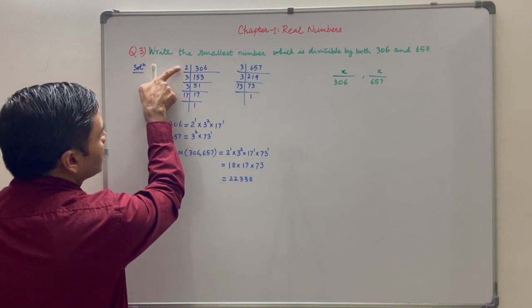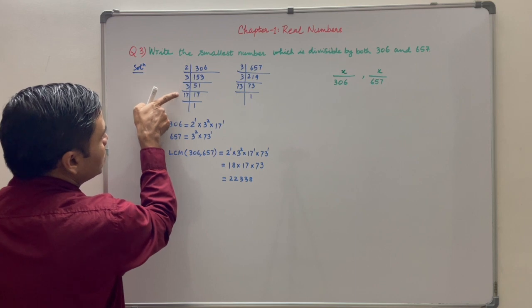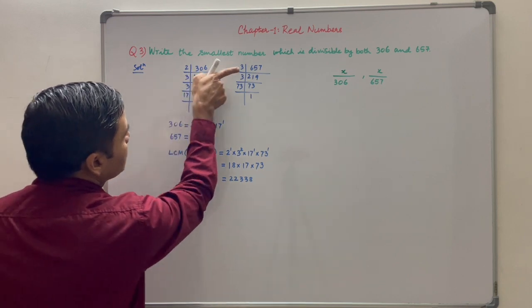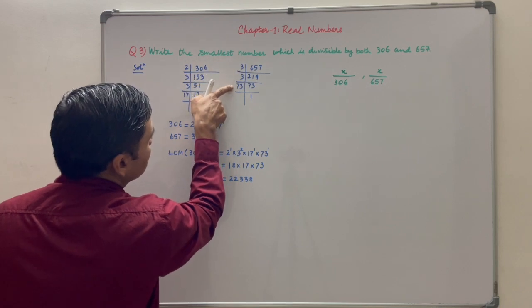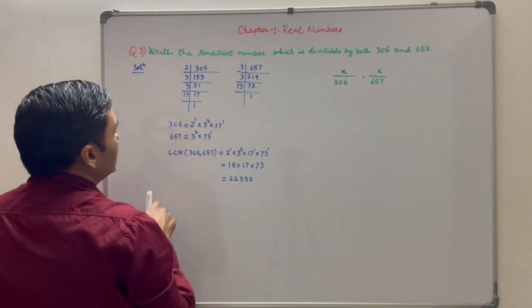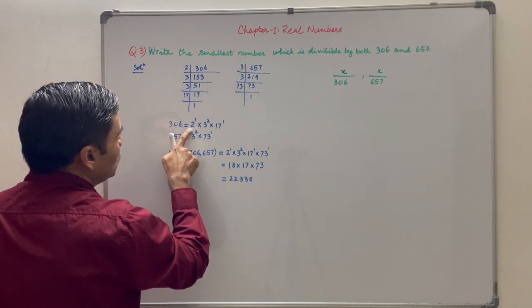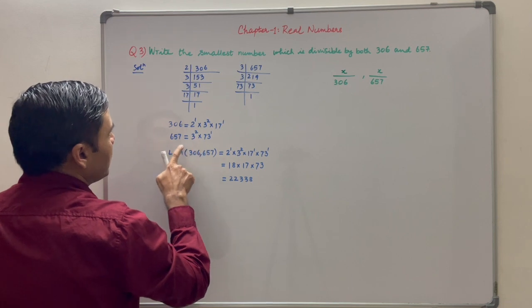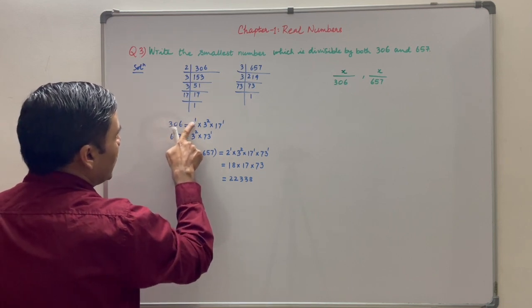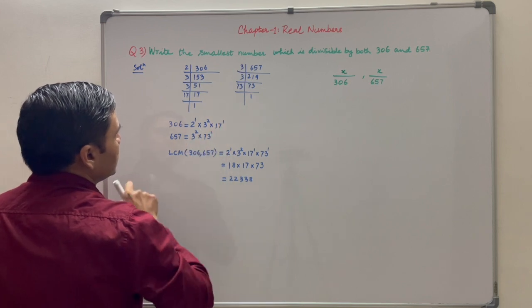306 can be written as 2 to the power 1 into 3 to the power 2 into 17 to the power 1, and 657 can be written as 3 to the power 2 into 73 to the power 1. The prime factors involved in these two numbers are 2, 3, 17 and 73, and their maximum powers are 1, 2, 1 and 1 respectively.